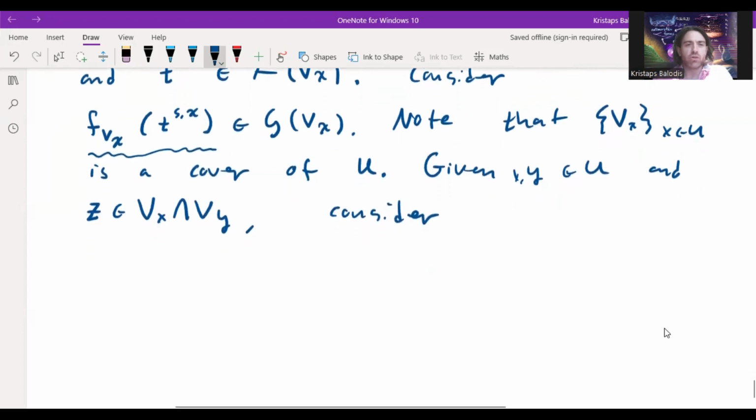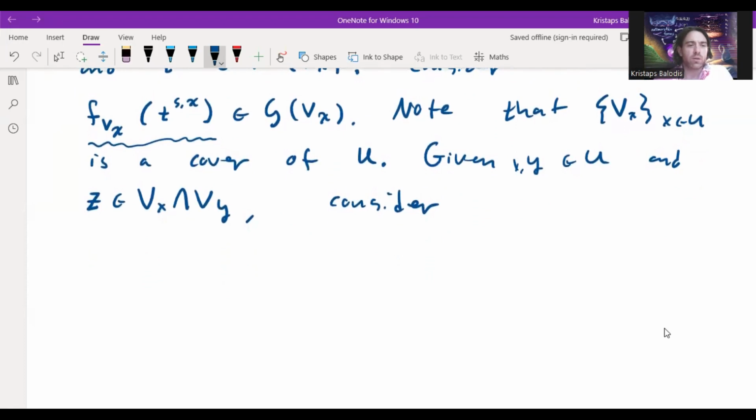well, I'm trying to show, in particular, F at V x of t S x. I want to take this thing and restrict it to this intersection.